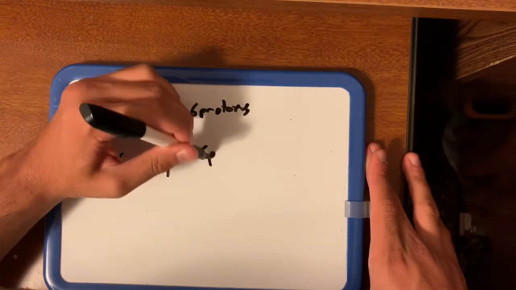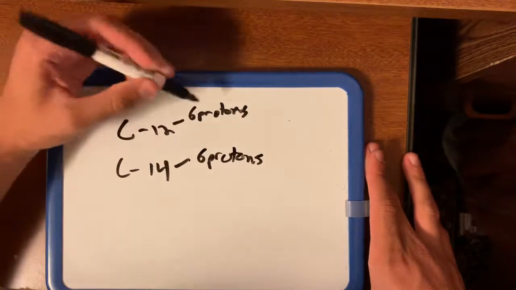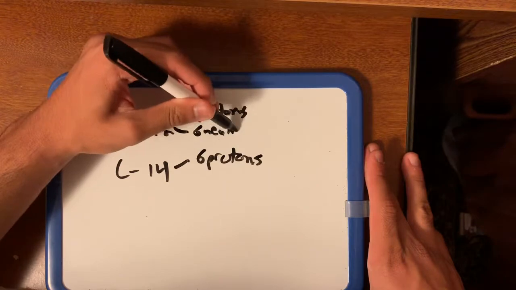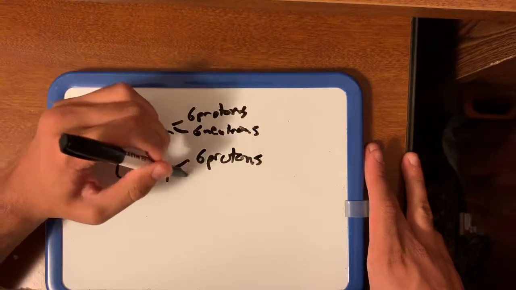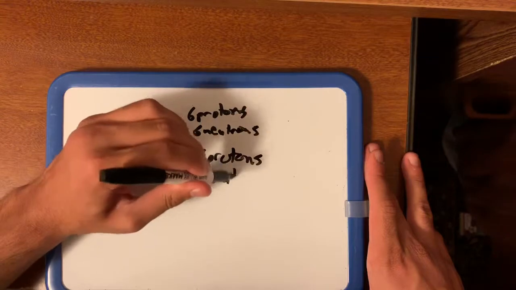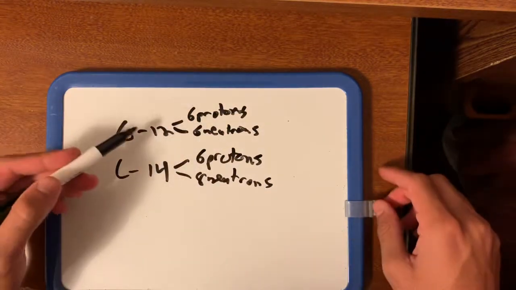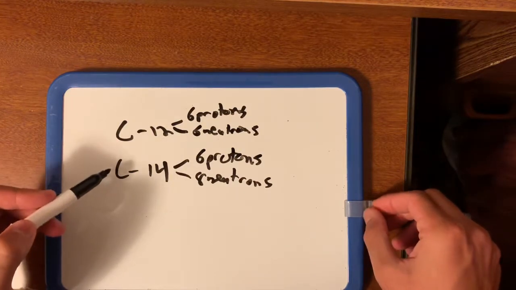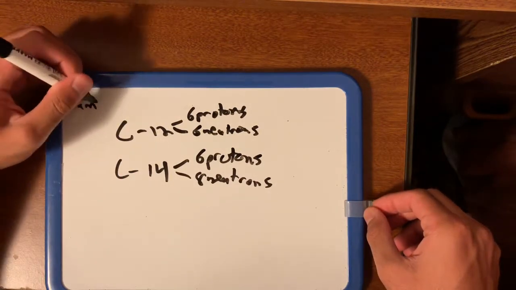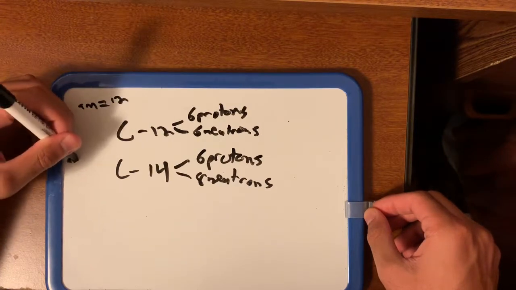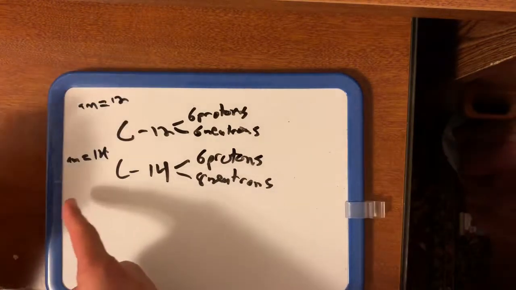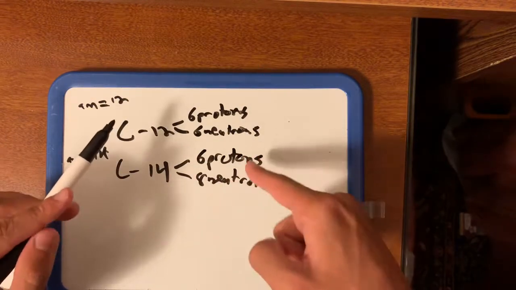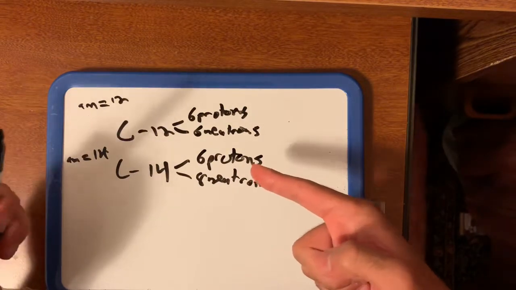However, this carbon atom has 6 neutrons, and this has 8 neutrons. And this number right here refers to the atomic mass of each individual atom, okay? This one has an atomic mass of 12, this one 14, and this is not the abbreviation for atomic mass, I just made that up right now.